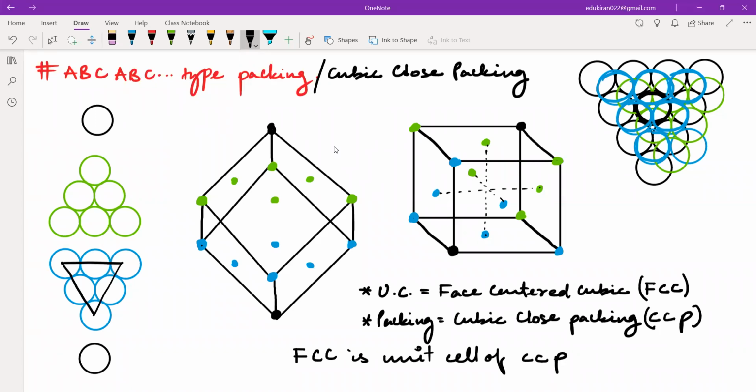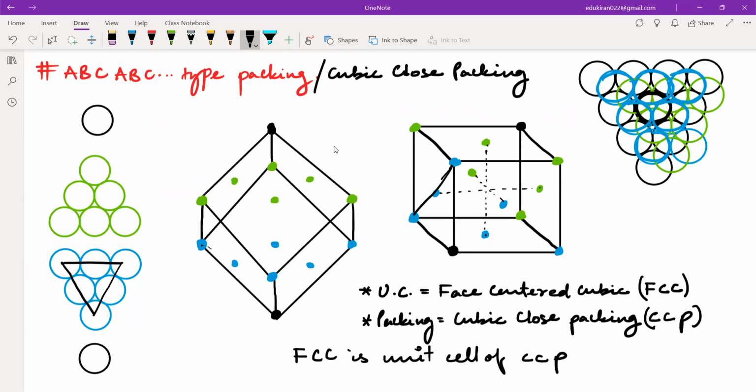So essentially what you can see is that all the corner and the face centers, from corner to corner via the face center, these atoms are touching each other. This will be helpful in the derivation of the relationship between A and R. Please remember these are the atoms which are touching each other.